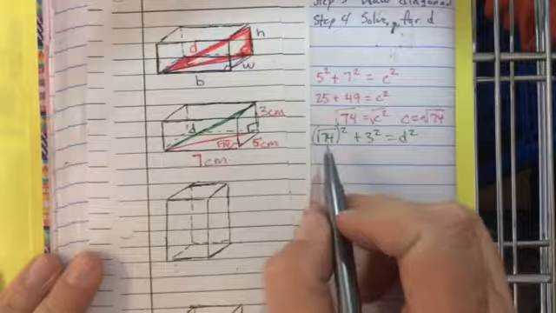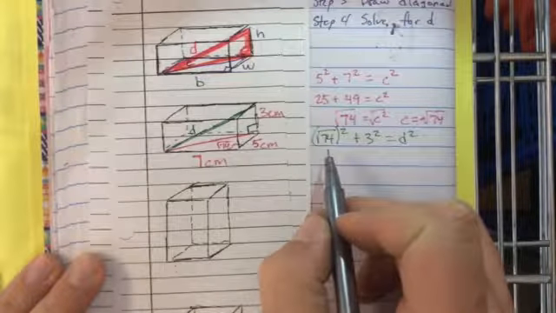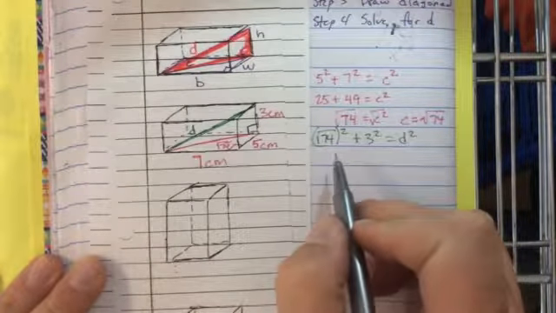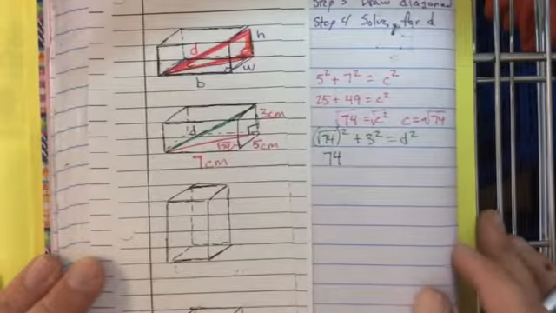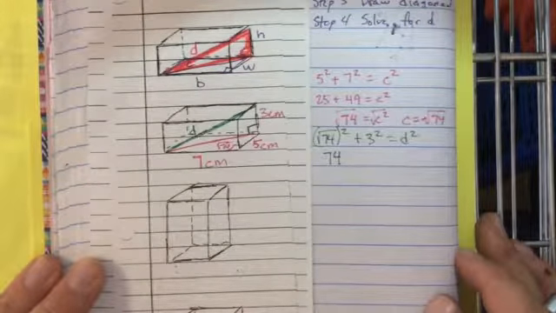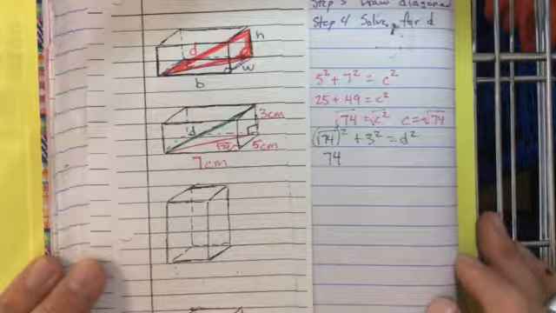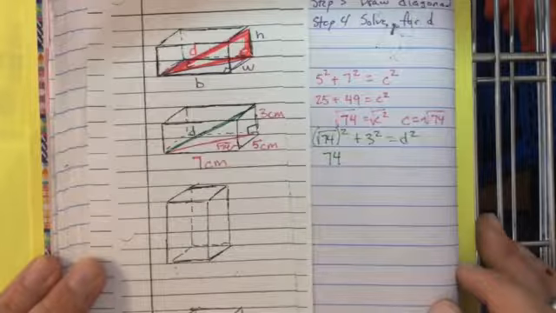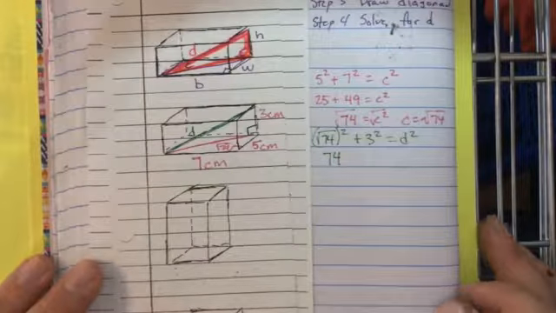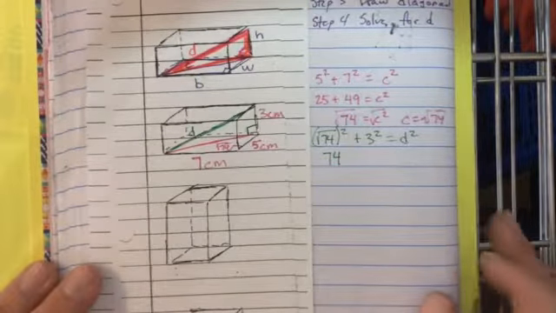So now, this is convenient, right? The square root of 74 squared is just 74. If we were to simplify that, we'd probably round to somewhere between 8 and 9, so probably like 8.6 or somewhere in that range.